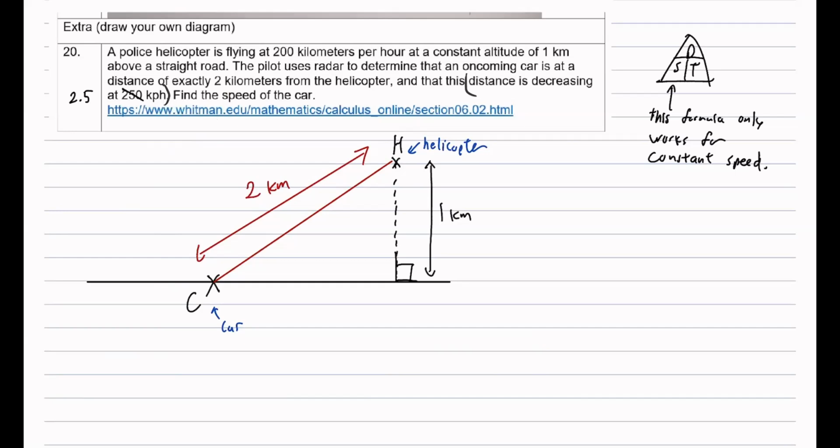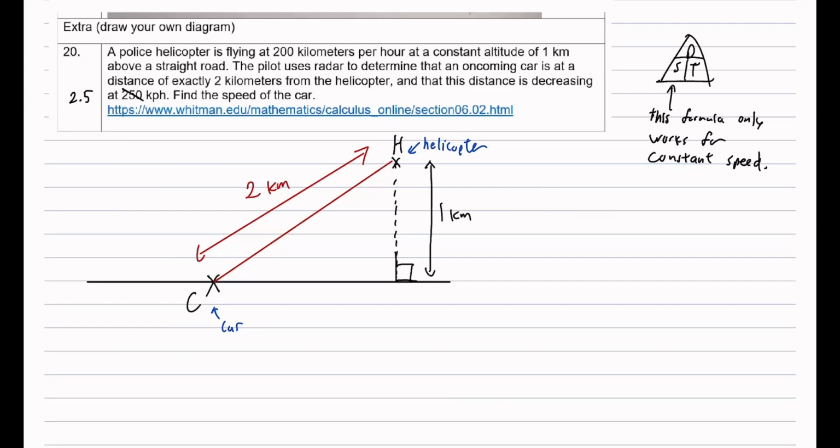So what does it mean? It means that, let me think a bit. Oncoming car is at this. This distance is decreasing at 2.5 kilometers per hour.